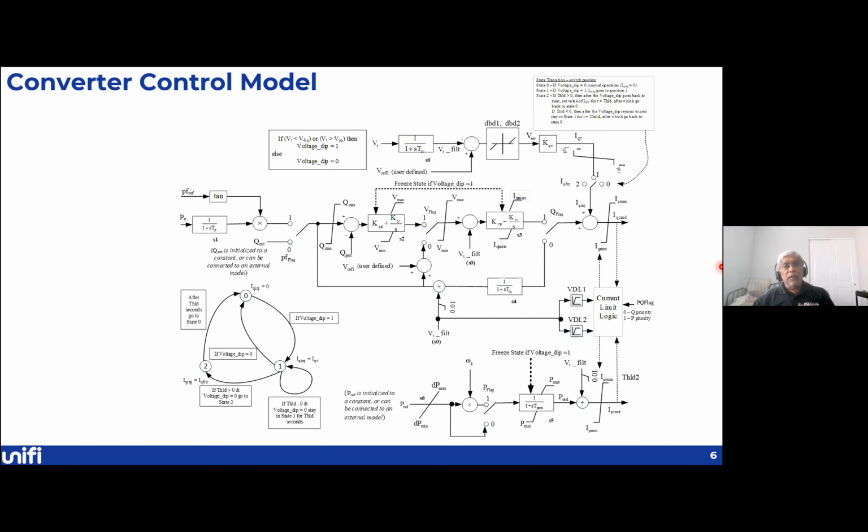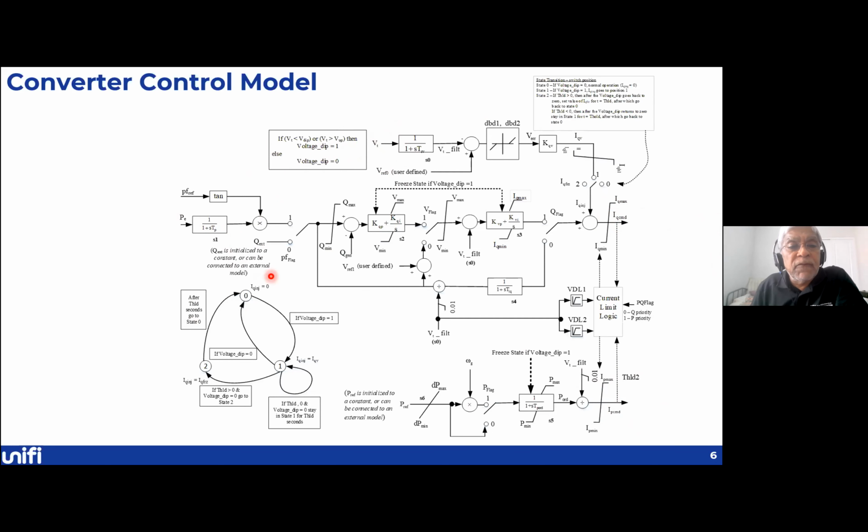And this shows you a detailed setup of what the logic looks like. And you basically see that in this figure, IQ command is created here, and IP command is created here. And you notice that the terminal voltage is fed in.